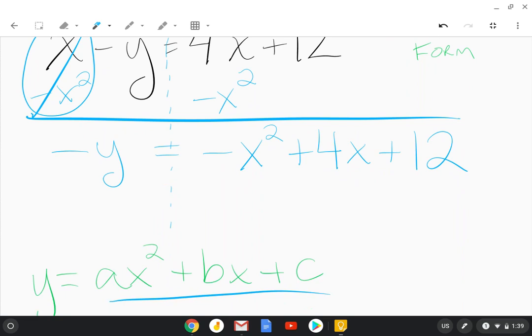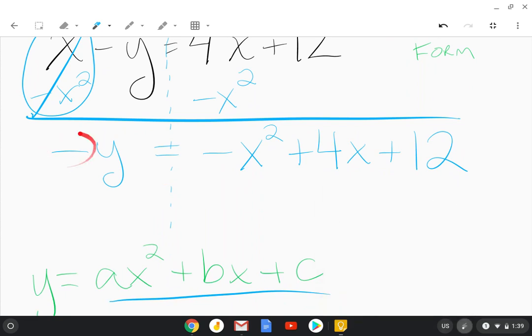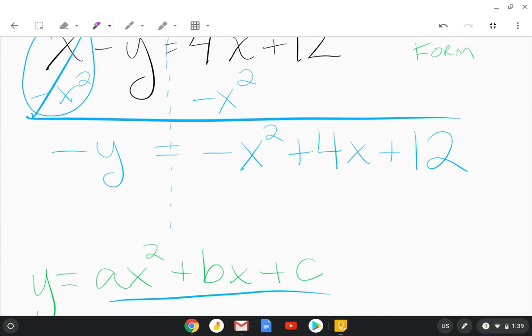The problem is this negative right here with the y is a problem. I've got to get rid of this. So there's a really easy way to do that. Anytime you want to get rid of a negative, you can just multiply the entire equation by negative 1. Another way of saying that is to change the sign for every single one of these. Negatives become positives, positives become negatives.